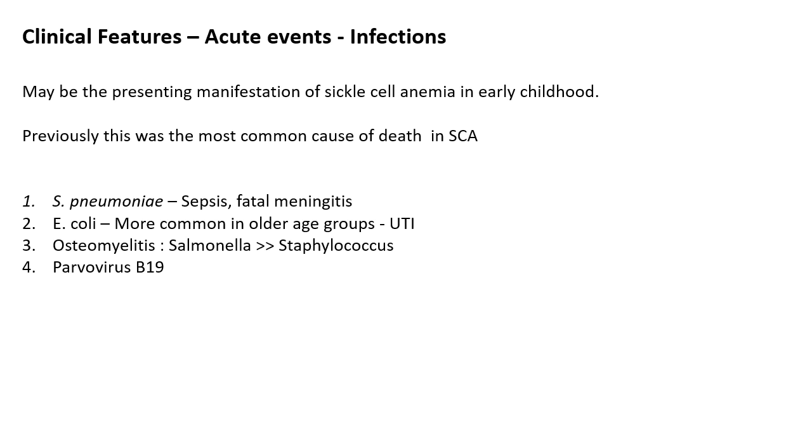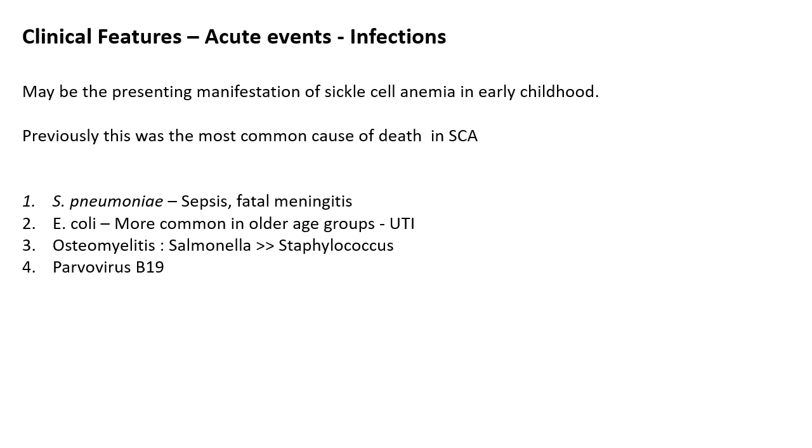Infections may be the presenting manifestation in early childhood. Previously, this was the most common cause of death in sickle cell anemia. Nowadays, with better treatment modalities and better hygienic conditions, infections are seen less, or rather they are treated properly, and patients do not usually die because of infections. The most common or fatal infection is Streptococcus pneumoniae, leading to fatal sepsis or meningitis.